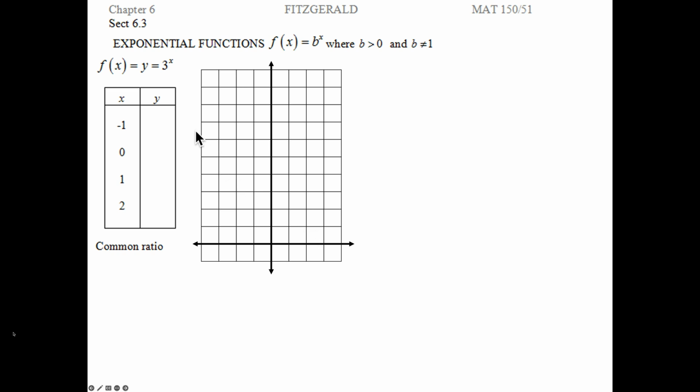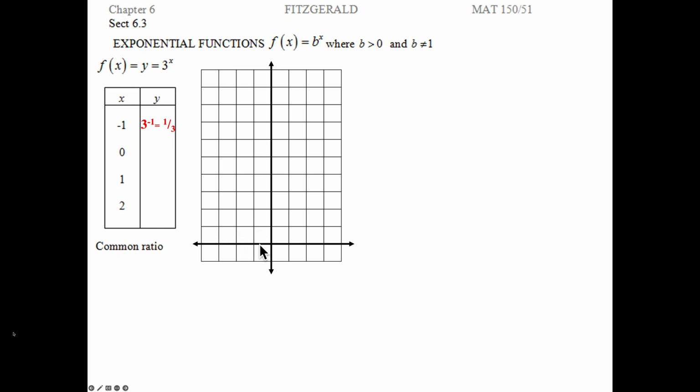So if we look at an example here with our base being 3, you put negative 1 into x, and then you're going to use your negative exponent rule, which means take the base 3, it's in the numerator, put it in the denominator, and call it 1 over 3.